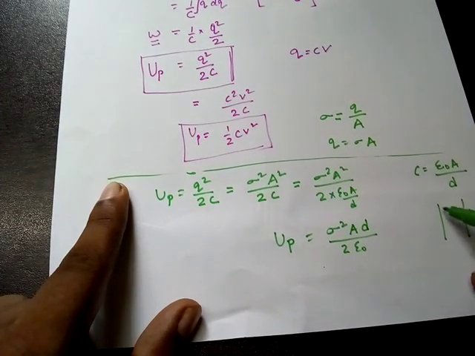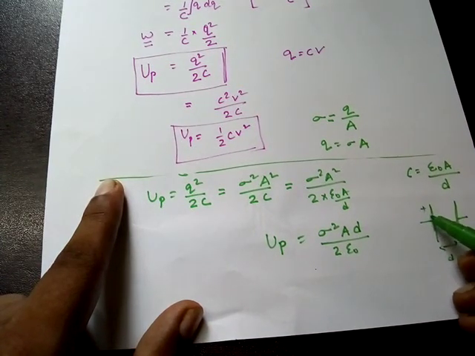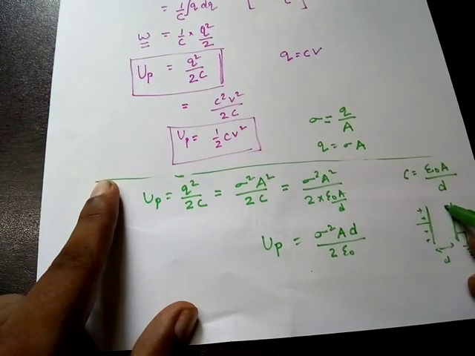When two plates are kept separated by a small distance d, and one is given charge and the other plate is earthed, due to induction minus charge will come here and plus charge will also come here, but since it is connected to earth, it is free charge, so it will just pass to the earth.